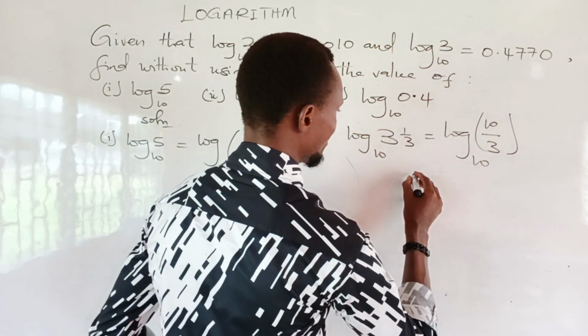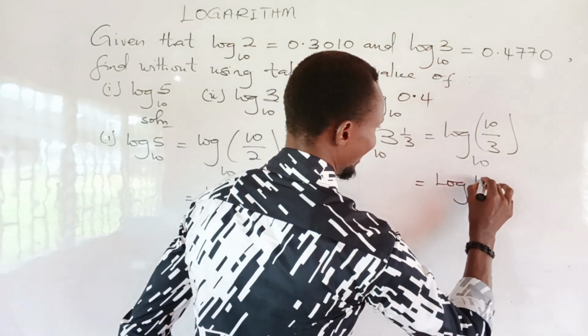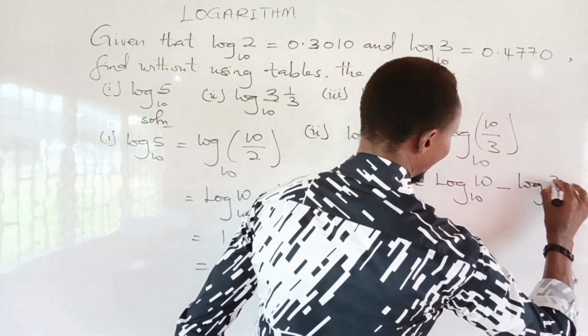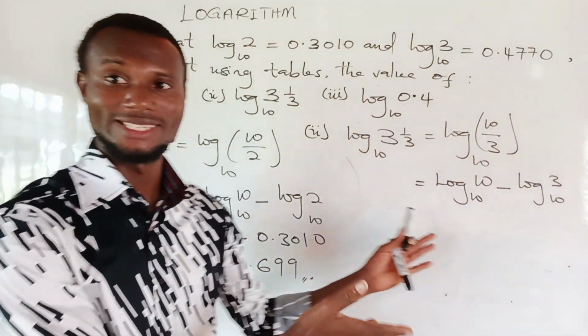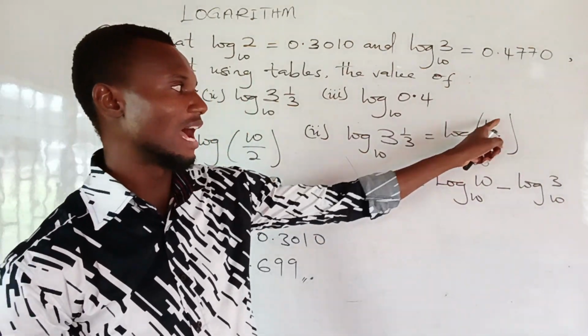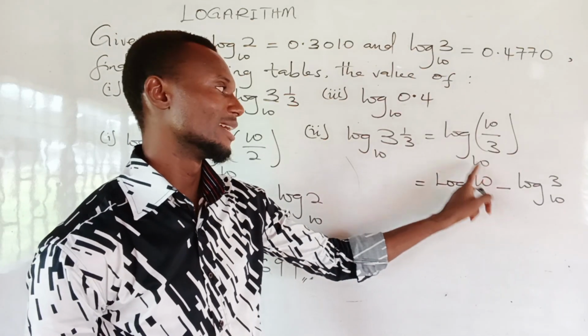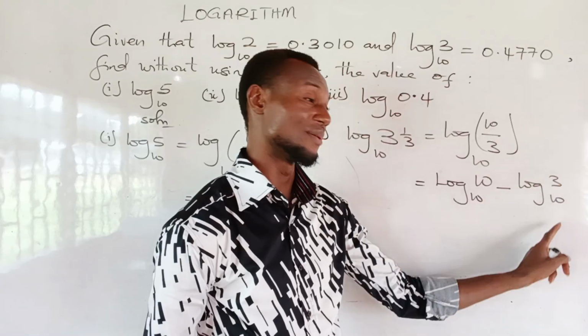So this can be written as the log of 10 to the base 10 minus the log of 3 to the base 10, as we did to this one, it is the same thing. So the log will affect the 10, that's log 10 to the base 10. Bring your minus sign, and the log will affect the 3 as well, so log 3 to the base 10.